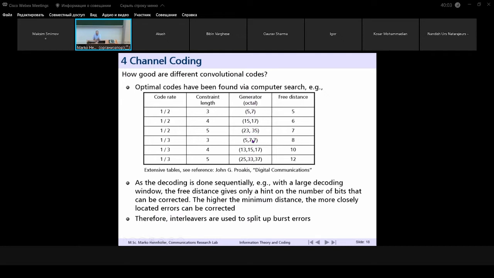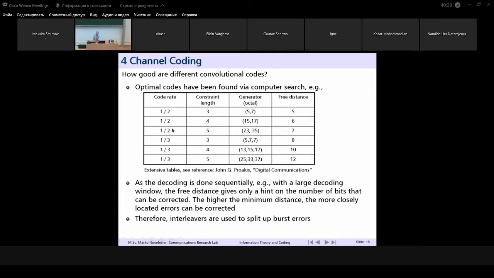Rate 1/3 are already very strong codes. And for one information bit, I need to transmit 3 encoded bits. And here you see the typical example, like the rate 1/2 code with constraint length 3, memory 2, 3 bits influencing our current bits, just reaches a free distance of 5.